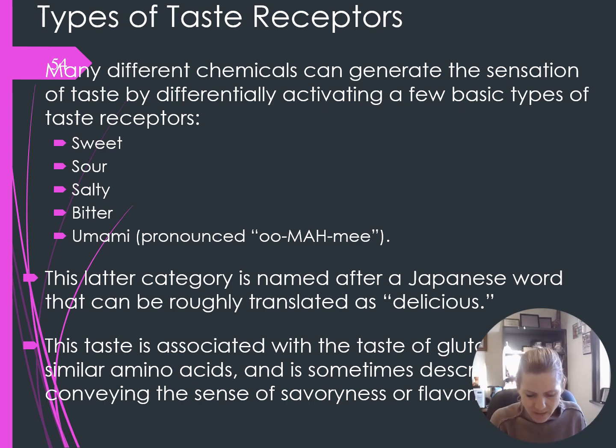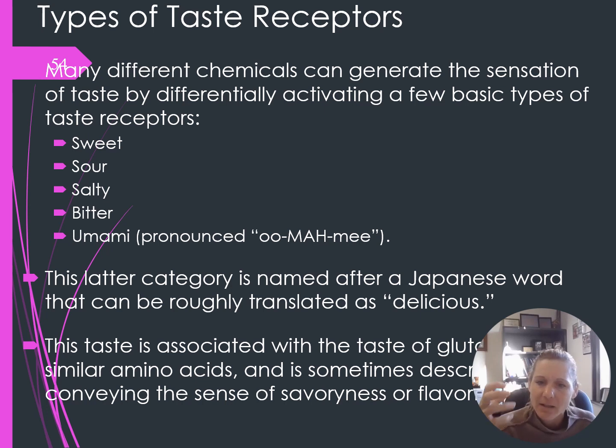So I think this is kind of interesting. Many different chemicals can generate the sensation of taste by differentiating a few basic types of receptors. So we have sweet, sour, salty, bitter, and something called umami, which is a Japanese word that means delicious. And basically the umami, think of it as almost like a savory steak or something like that.